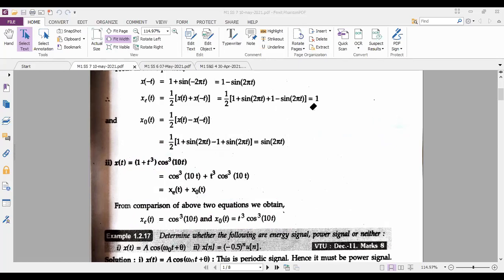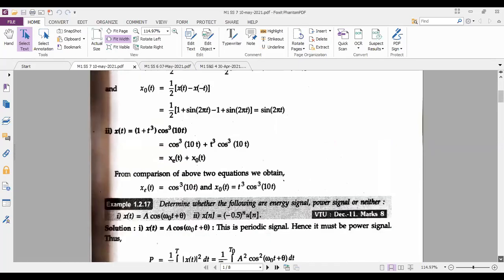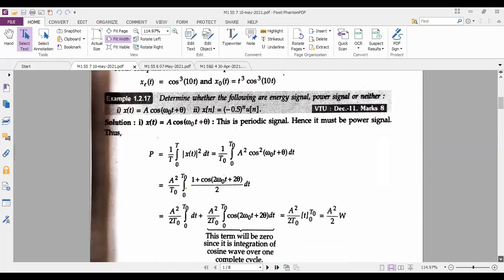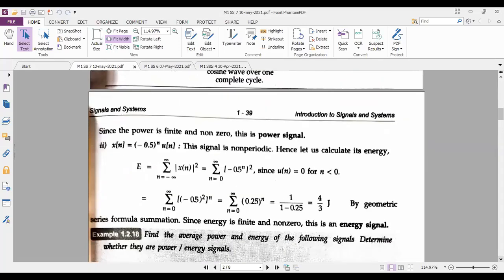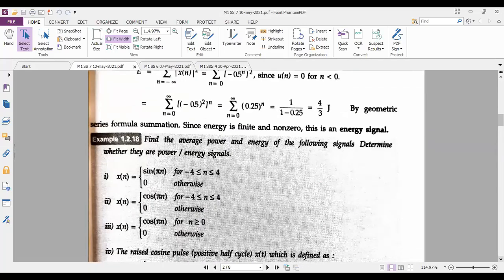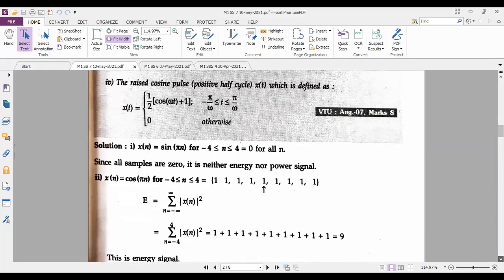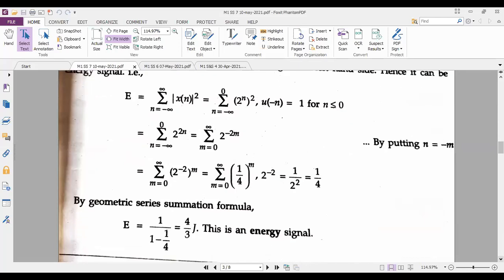It's very simple. You have to find x of minus t separately. Add and divide by 2 for even. Subtract and divide by 2 for odd. So I hope we have solved many problems. Then one more problem I want to do.